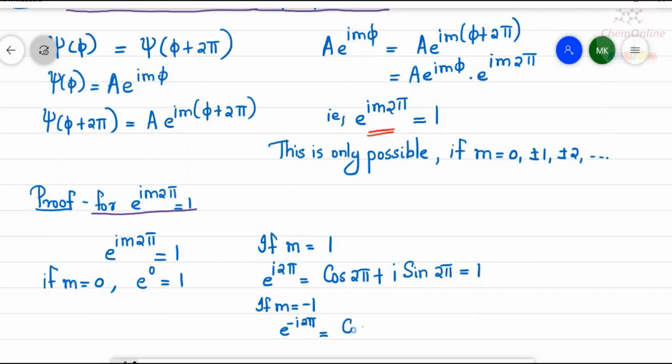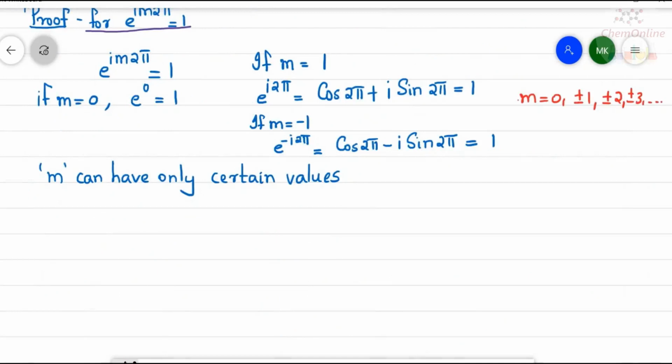This will be equal to cos 2 pi minus i sin 2 pi, which is equal to 1. So m can be 0, m can be plus 1, m can also be minus 1. Similarly, m can have values 0, plus or minus 1, plus or minus 2, plus or minus 3, etc. Thus, we see that m can have only certain values, and m can be called the rotational quantum number.